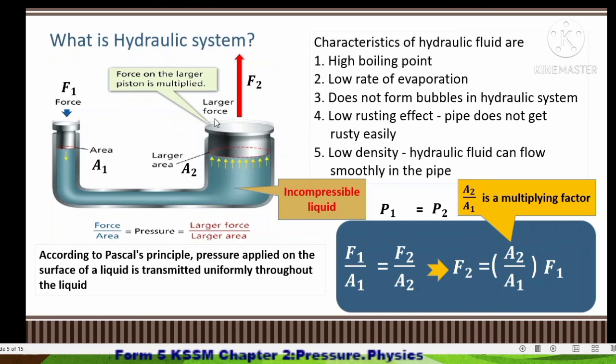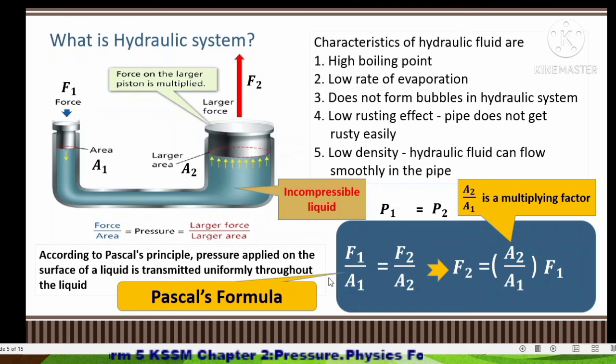Meaning, if the area A2 is 10 times bigger than the area A1, the multiplying factor is equal to 10. Then we can say that the output force will be 10 times bigger as compared to the input force. This is known as Pascal's formula.